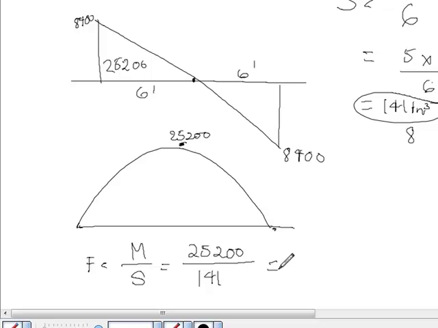Bending stress, F equals M over S, 25,200 divided by 141. That's 25,200. Oh, we got to multiply it by 12. I didn't write that down. Times 12, because this is in foot-pounds. So 25,200 times 12 over 141, you get 2144.